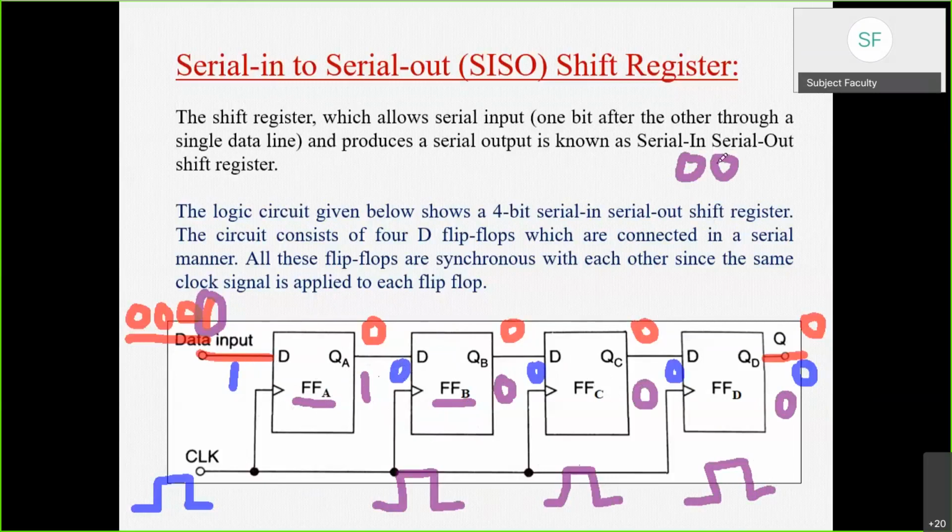I will just write here 0 0 0 0. Now let's assume this is your QA. MSB is QA. Now your sequence is 1 0 0 0. So these sequences are nothing but output sequences. This is QA, QB, QC, and QD.